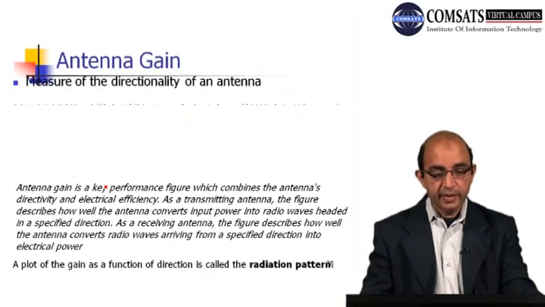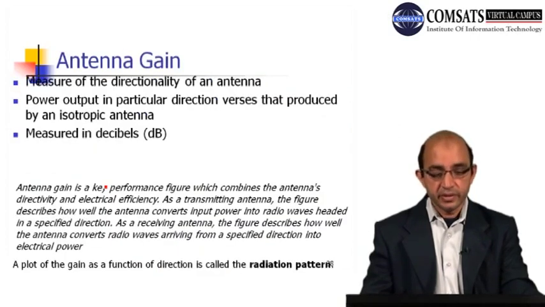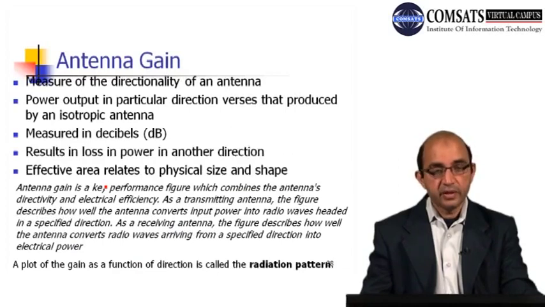Then we have certain parameters that are very important when we talk about antenna design. One important parameter is the antenna gain. It measures the directionality of the antenna, particularly the output power in a certain direction versus that produced by an isotropic antenna.